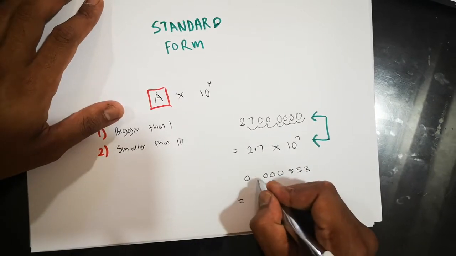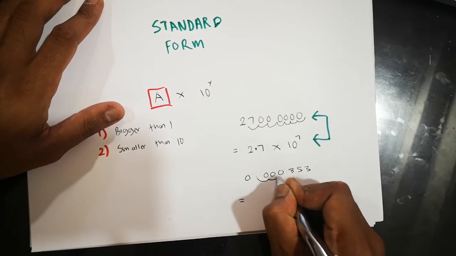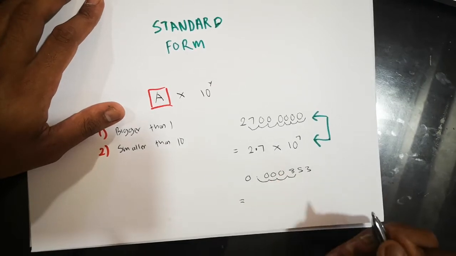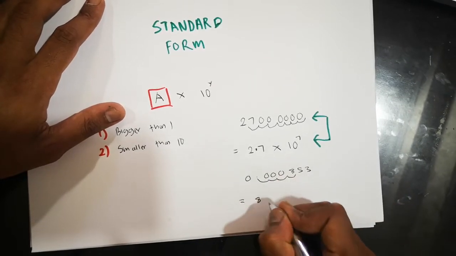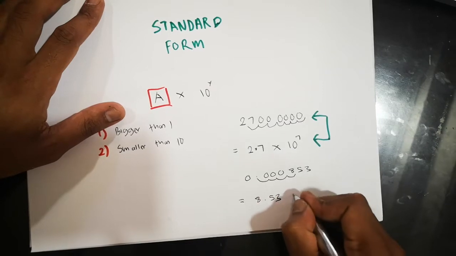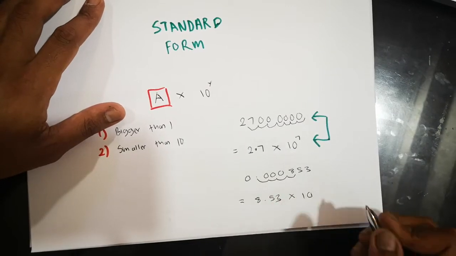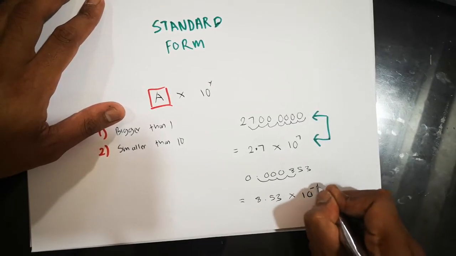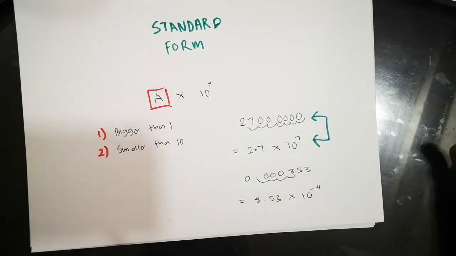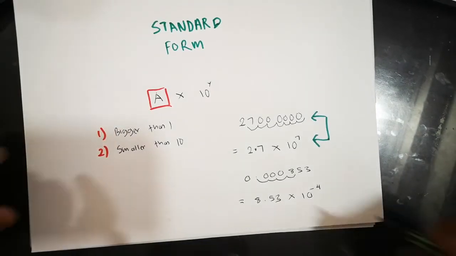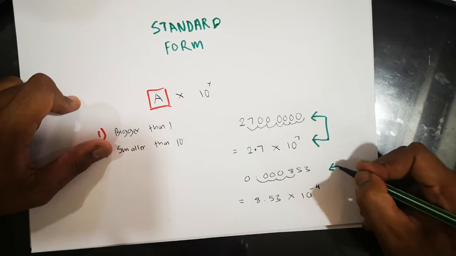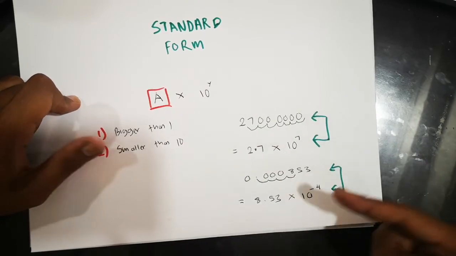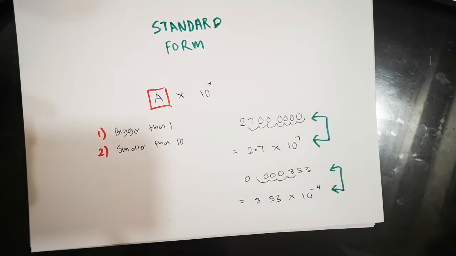So let us count. 1, 2, 3, 4. Okay, so it's 8.53 multiplied by 10 to the power of -4. So always confirm that these two values are the same. If it's not the same, please double check your work.